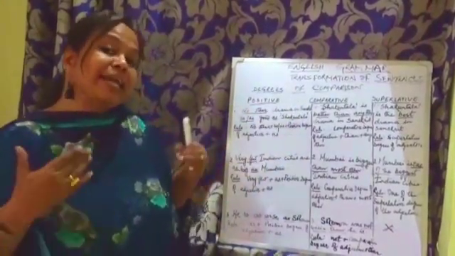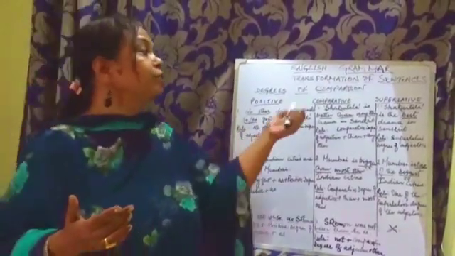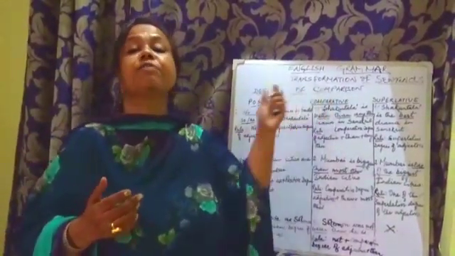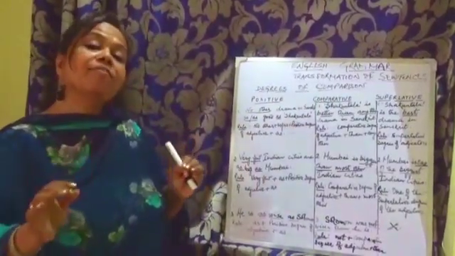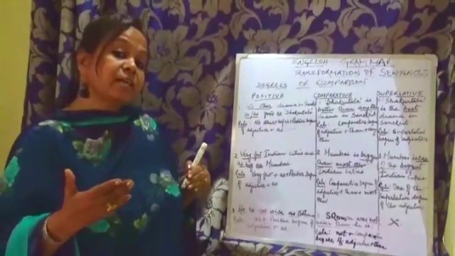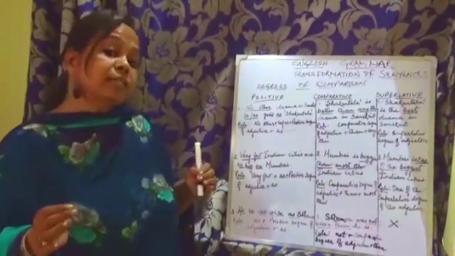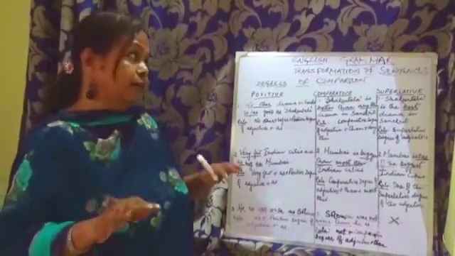Now before I get into the details of the chapter, let me first give you the meaning of the word transformation. You all have come across the word transformation in physics, in biology and in mathematics. Now what does it mean in English language?